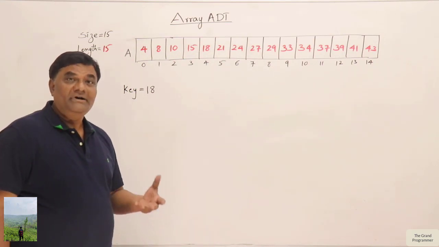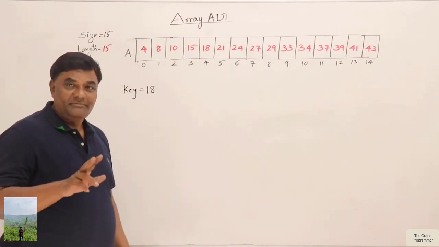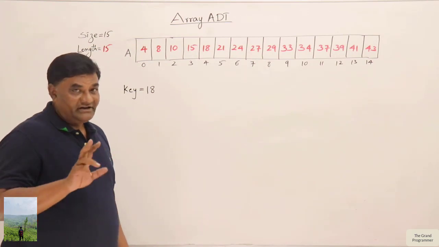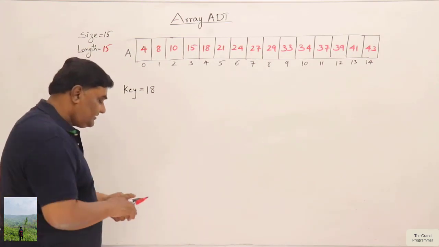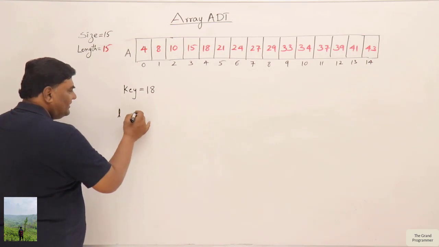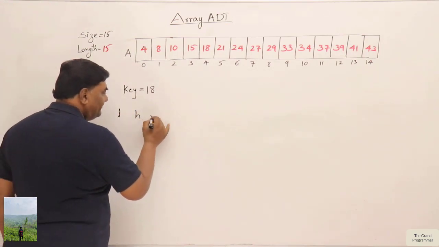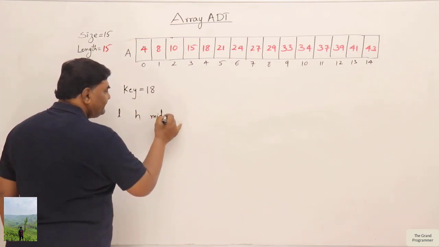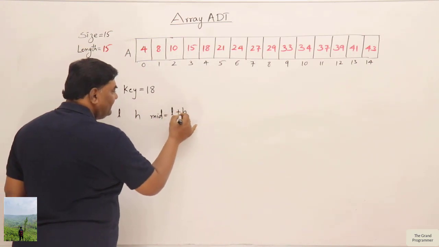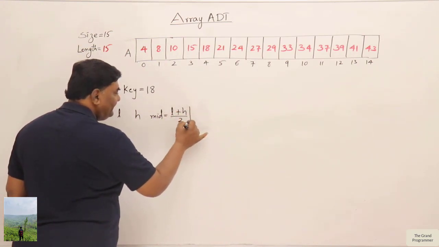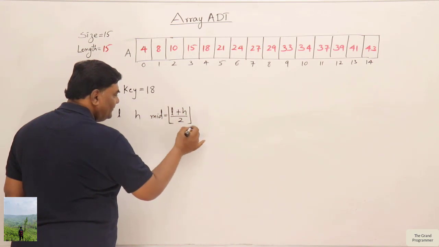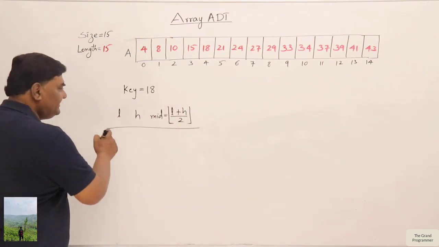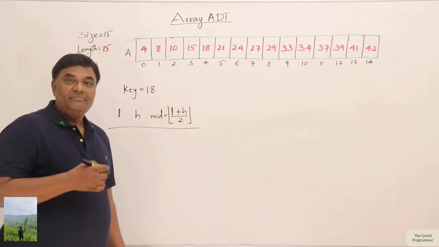Now let us see how binary search works. For performing binary search we need 3 index variables. Those are low, high and mid. And this mid is (low + high) / 2 and we will take the floor value. Now using these 3 we'll perform binary search.